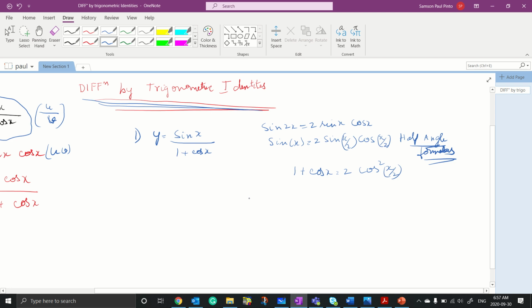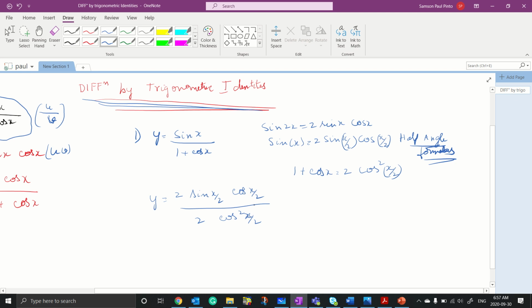So while solving this problem, instead of using the u by v rule, you can substitute for sine x, that is 2 sine x by 2 cos x by 2, divided by 2 cos square x by 2.